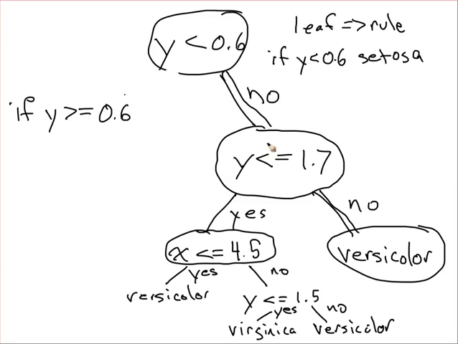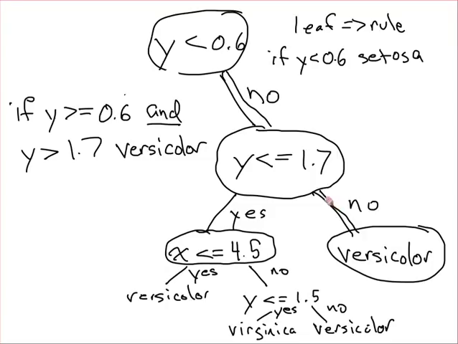And then we also know that this happens to be true. Also is the same thing as and. And in this case, once again, it's something not fulfilled. We're testing y less than or equal to 1.7. That's not true, so that's the same as y greater than 1.7. And so in that case, the class is versicolor. And we can do this till the cows come home.